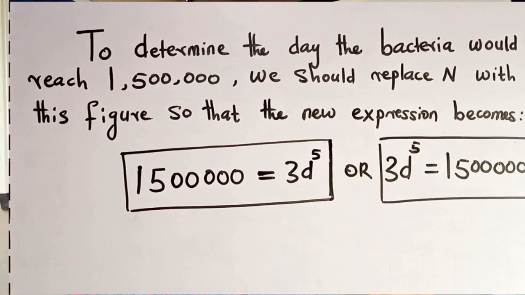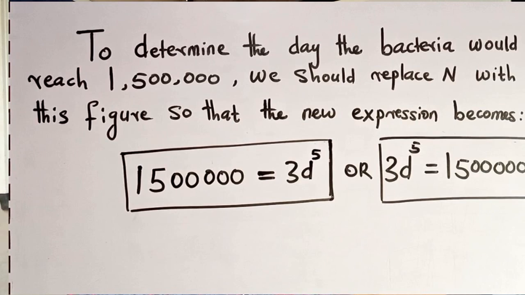What if these doctors who are treating the sick man do not know how to find the value of d? You see, the d in that equation represents the day that the bacteria in the sick man's body will grow up to 1,500,000.